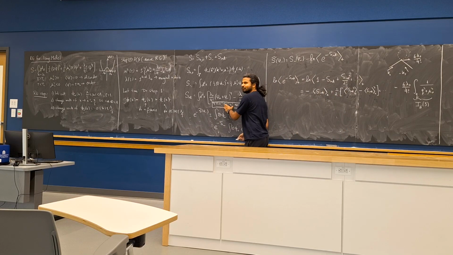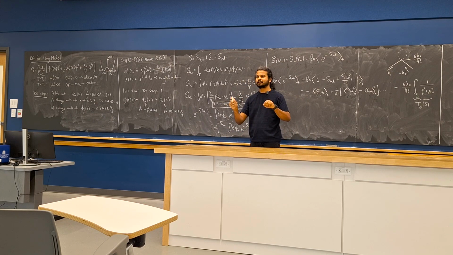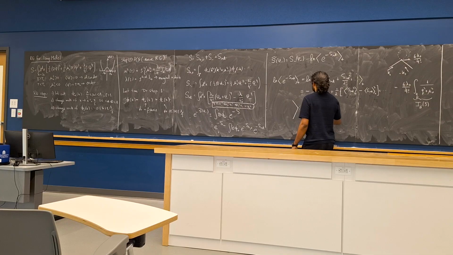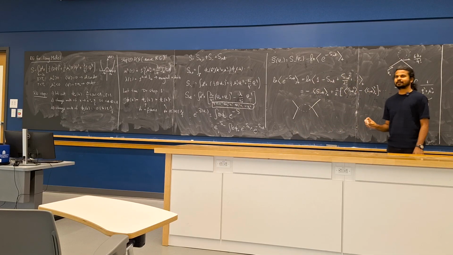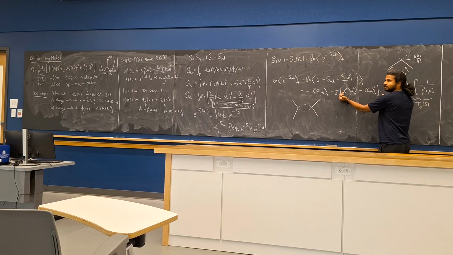Take the second power of this, and then contract it in a specific way to derive this diagram. This is a connected diagram, and this is some non-zero term that's going to be here.